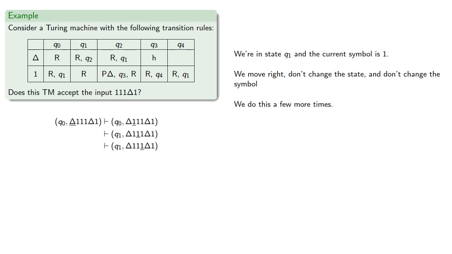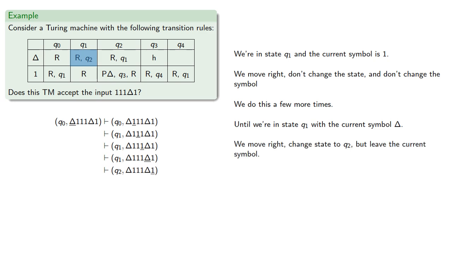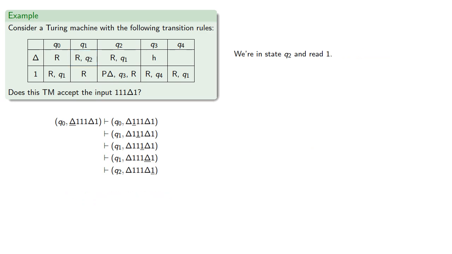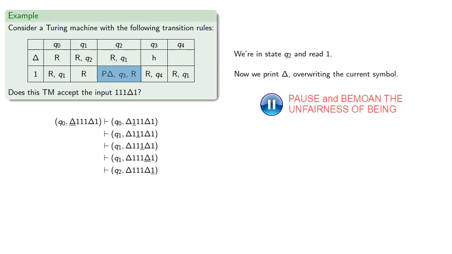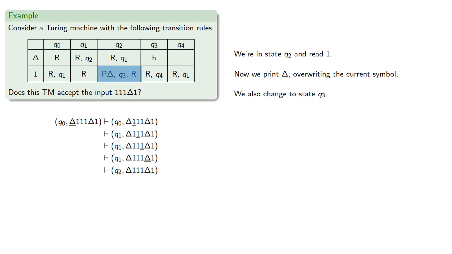We do this a few more times until we eventually end up in state Q1 with current symbol blank. We move right, change state to Q2, but leave the current symbol. Now we're in state Q2 and read 1. We print blank, which overwrites the current symbol. And we also change to state Q3, and we also move right.